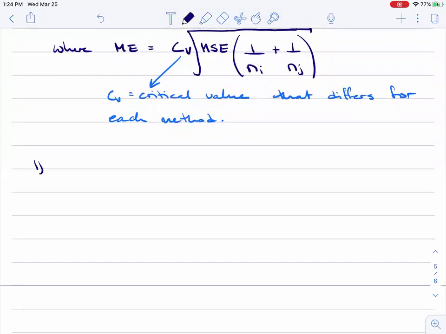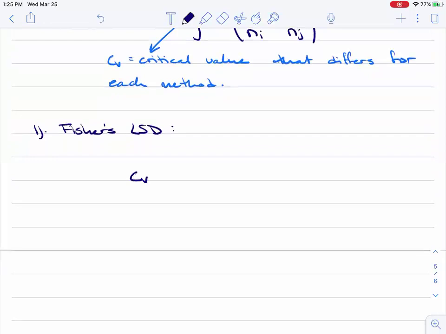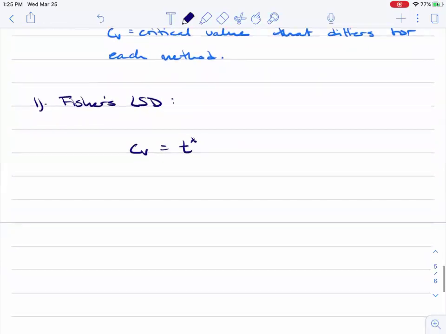So the first one, let's talk about Fisher's LSD. For Fisher's LSD, the critical value is just a T star, right?